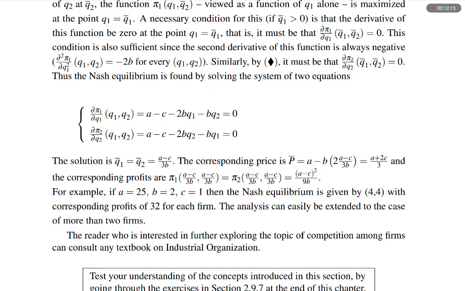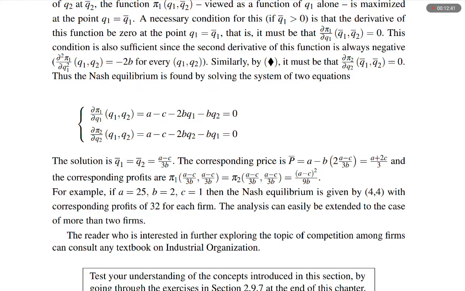That is, it must be that the partial derivative of π₁ with respect to q₁ at (Q̄₁, Q̄₂) is equal to 0.